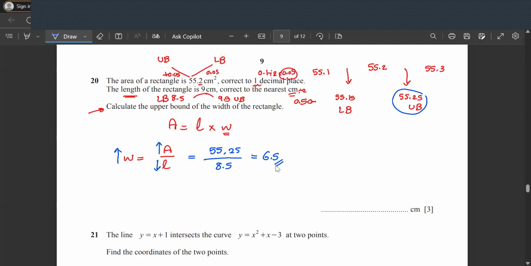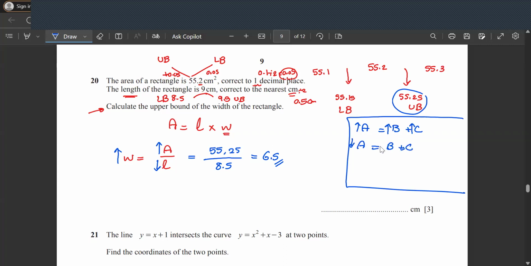No, miss. Okay. Shall I say something here to be 100% satisfied with myself? If I have A equal B plus C, if it is adding, if I want the upper bound, take the upper bound here and upper bound here. If I want the lower bound, take the lower bound here and lower bound here. Done?